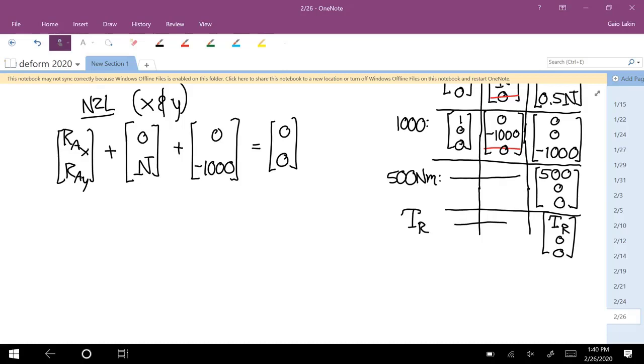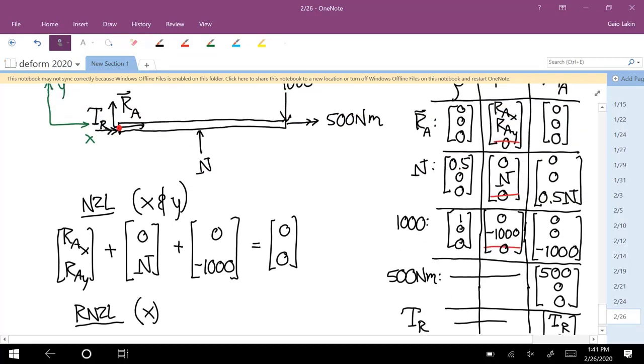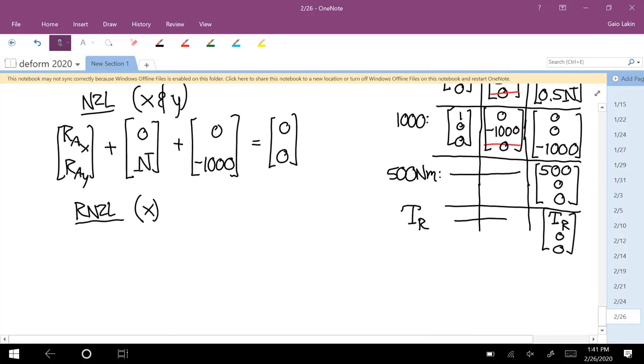Okay, so that didn't affect Newton's second law, but it will affect the moment equation. So rotational Newton's second law, I'm going to do it in the x direction and the y direction. So the x direction says 500 plus TR is equal to 0. So in other words, TR is equal to negative 500 Newton meters.